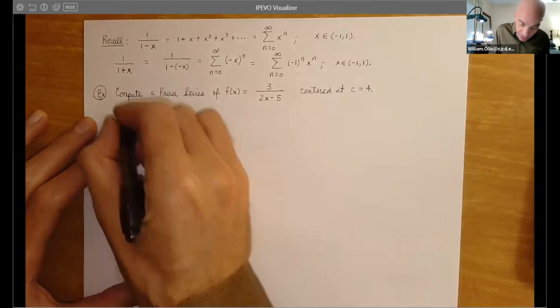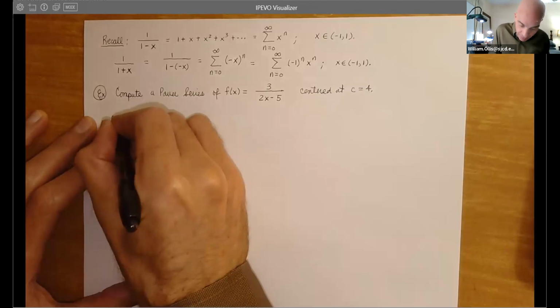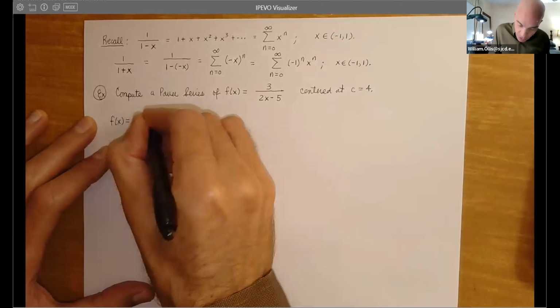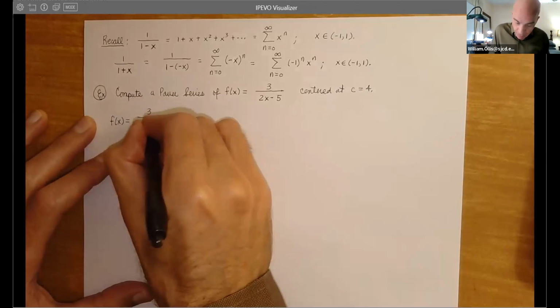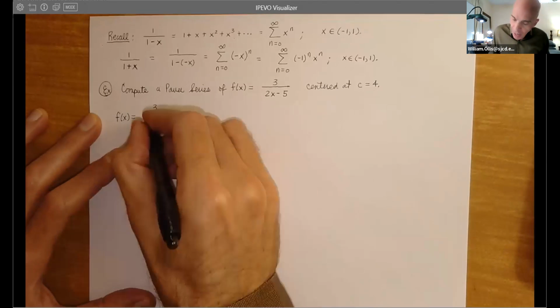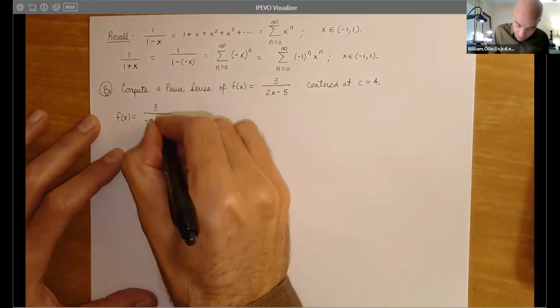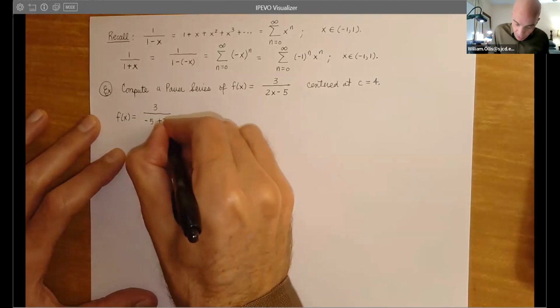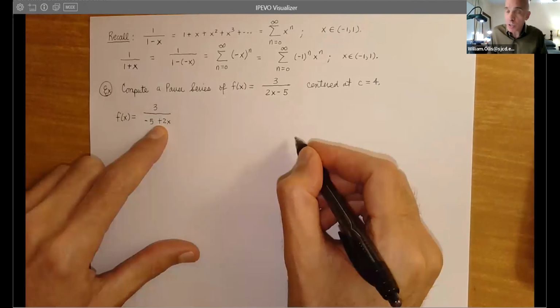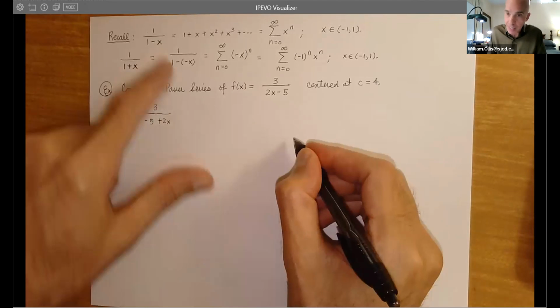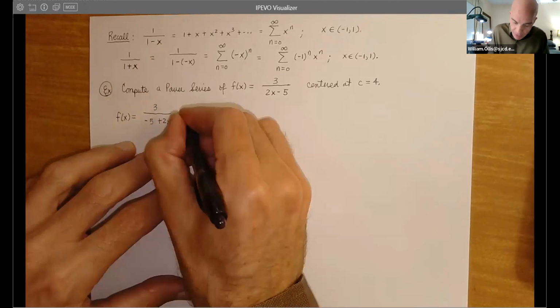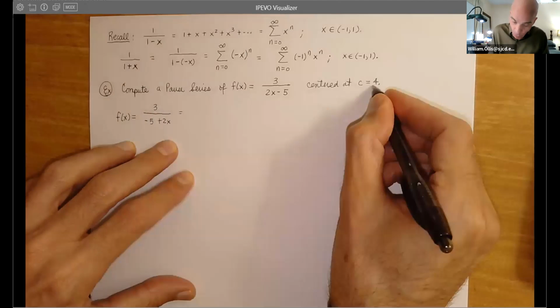So we're going to say f of x, we'll start with this 3 over 2x, and if you like, we can go ahead and write the -5 first. So just go ahead and recommute, so to speak. Let's introduce the 4 and the -4.